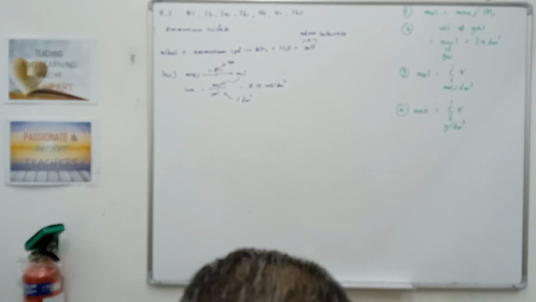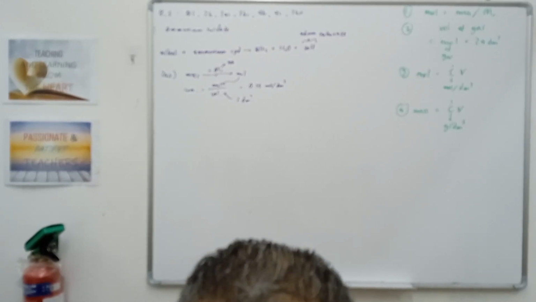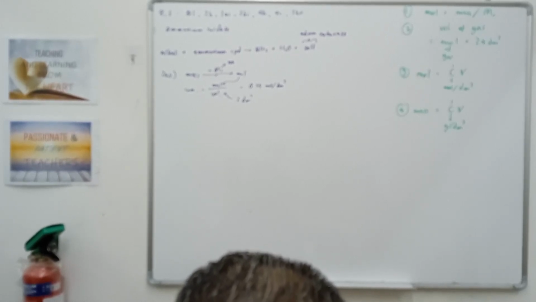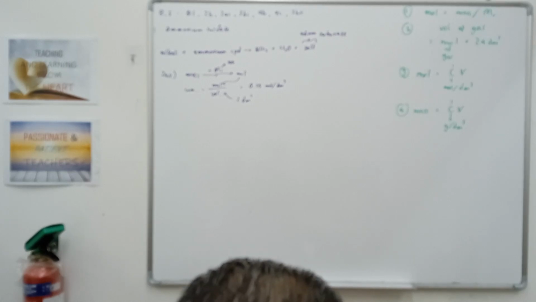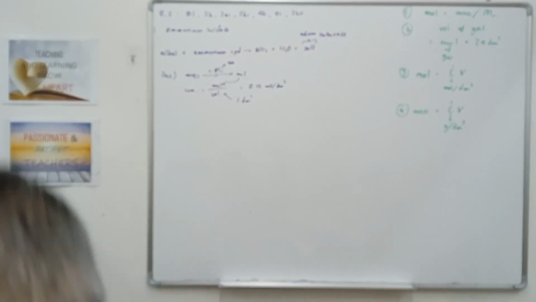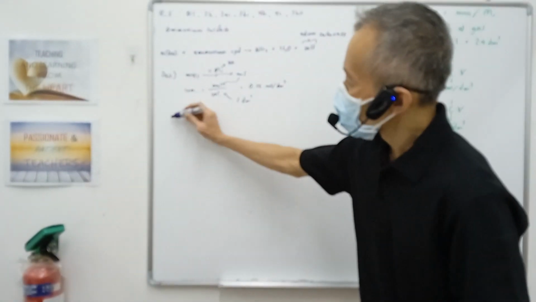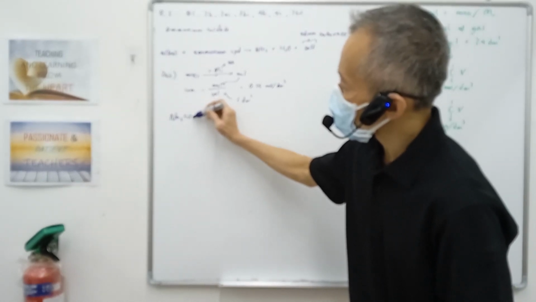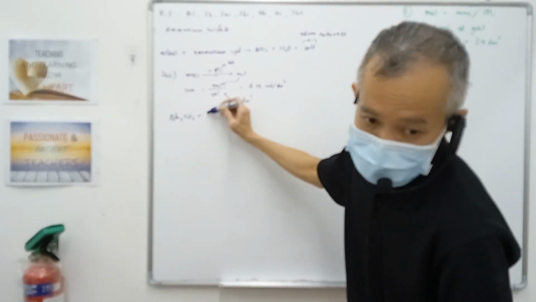Na2CO3 plus 2HCl gives 2NaCl plus H2CO3, H2O you mean? Plus CO2. Okay, guys. Very standard, but I'll just write it out for everybody's sake.